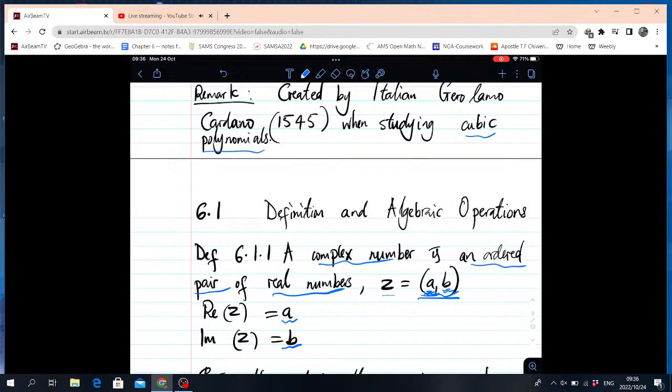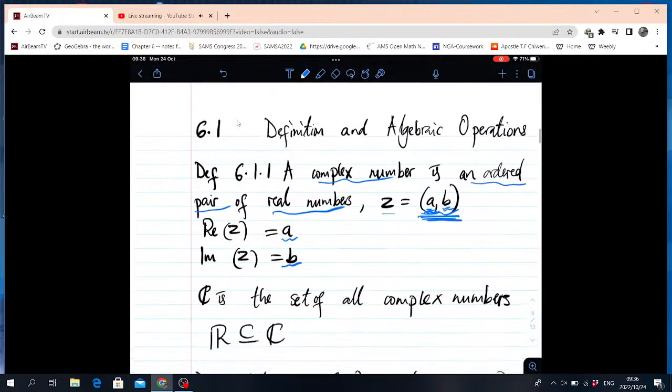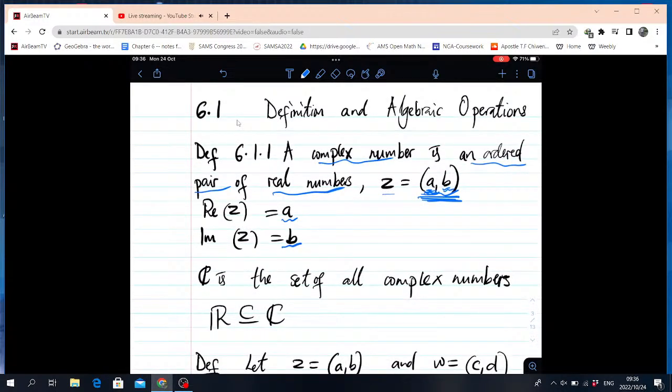We'll change the notation from this to something much nicer, a better notation. But formally, when we start, this is what we call a complex number, right? And then what we call C is the set of all complex numbers.